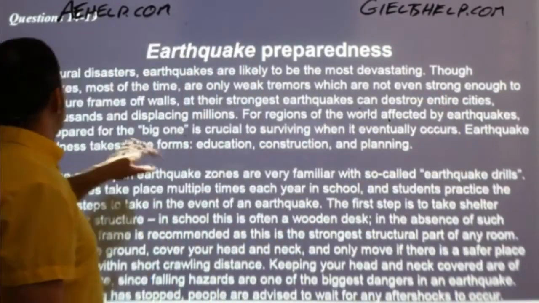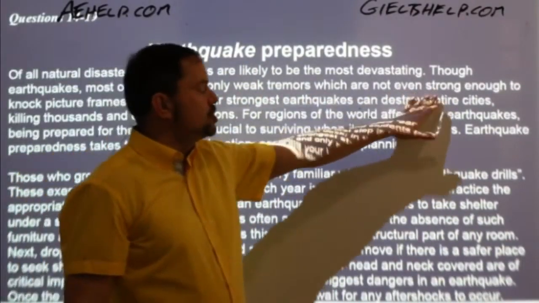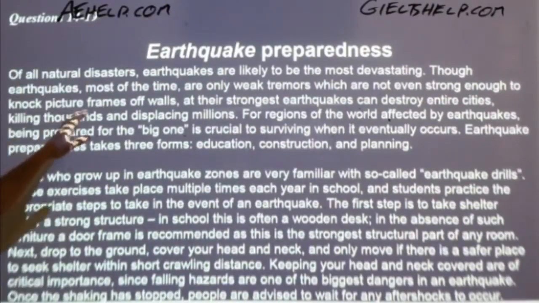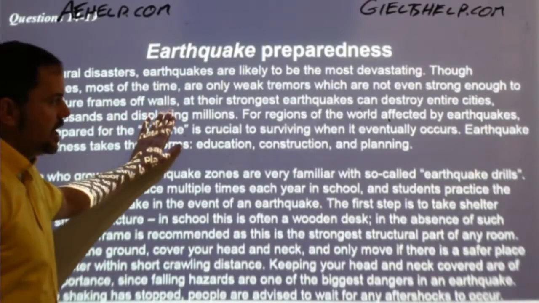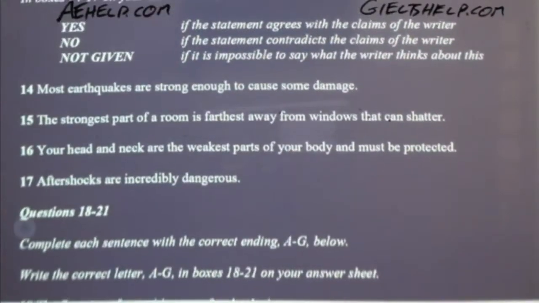Okay. So earthquakes, most of the time, are only weak tremors, which are not even strong enough to knock picture frames off walls. Okay, so here it's telling me that most earthquakes are not strong enough to knock picture frames off walls.